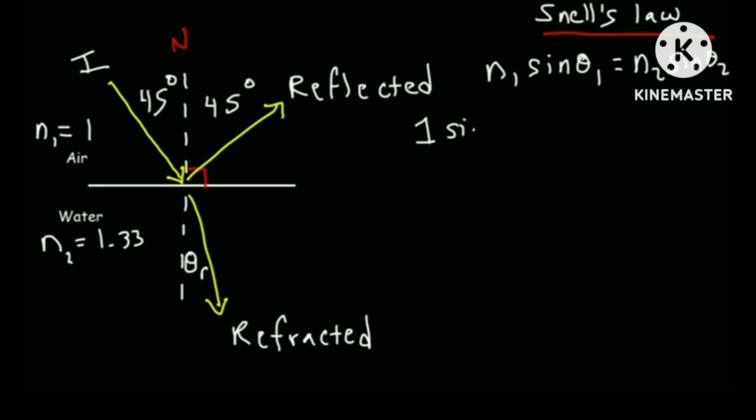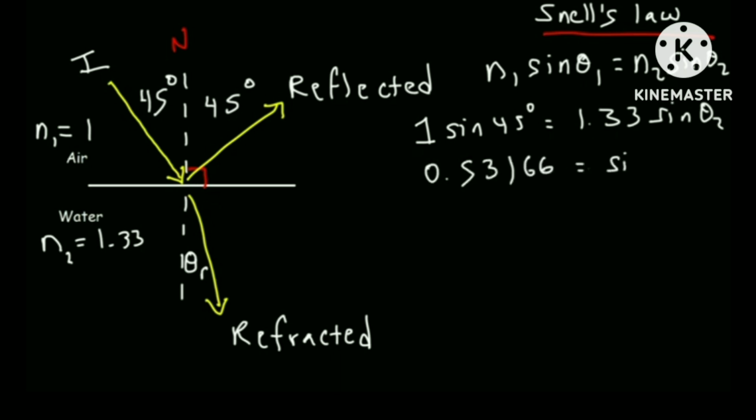So it's 1 times sine 45, and that's equal to 1.33 times sine theta 2. Sine 45 is equal to the square root of 2 divided by 2, which as a decimal is 0.7071. If we divide that by 1.33, we'll get that 0.53166 is equal to sine of the second angle.